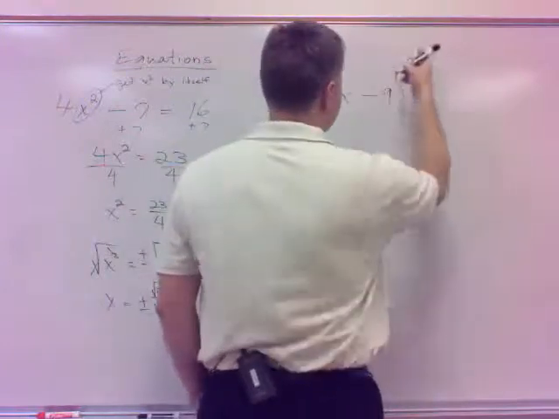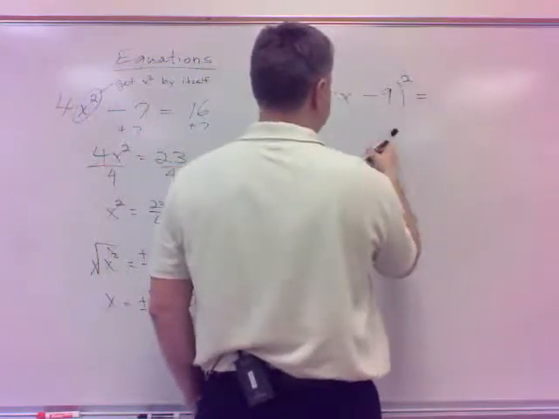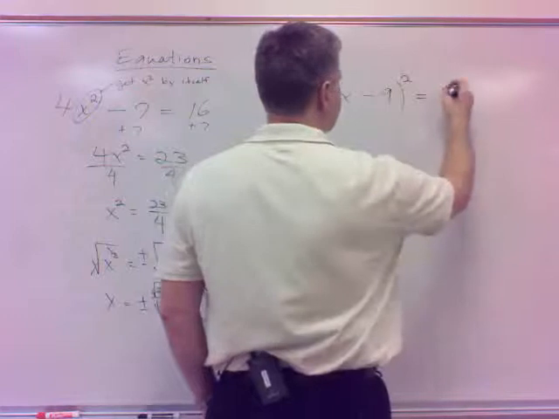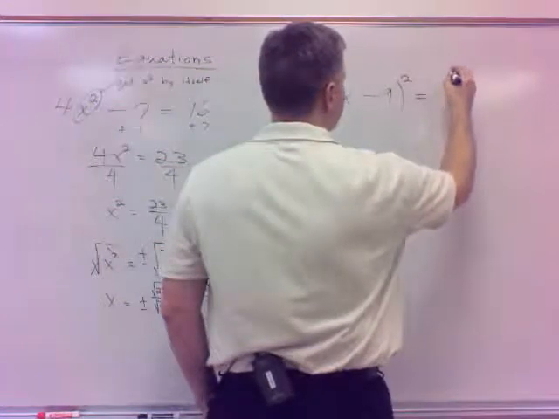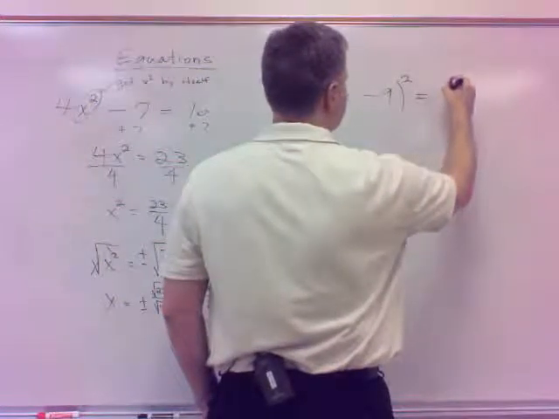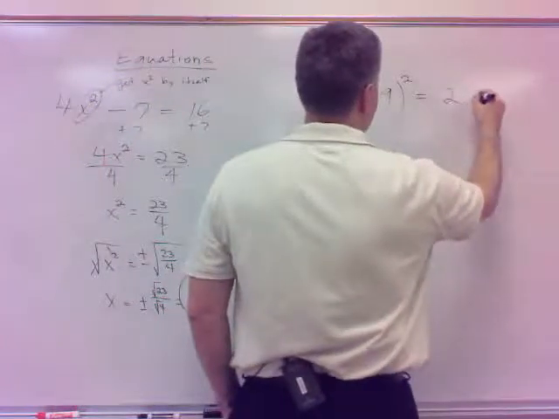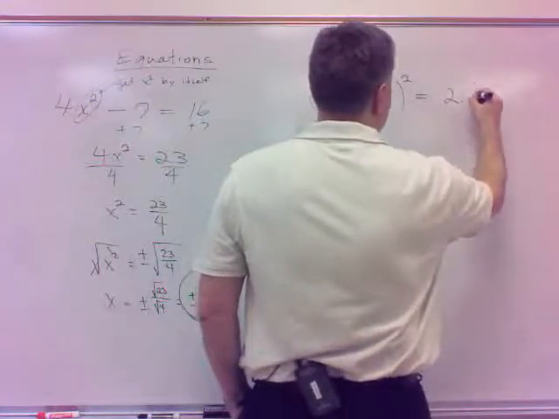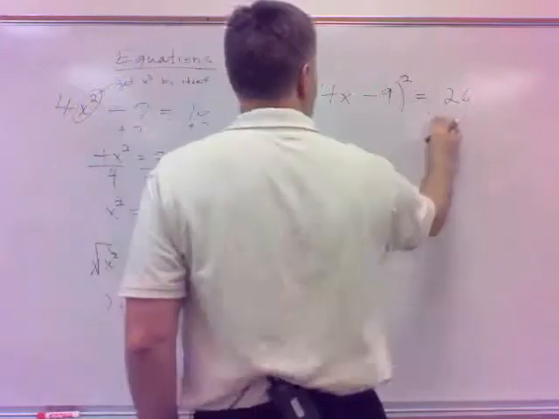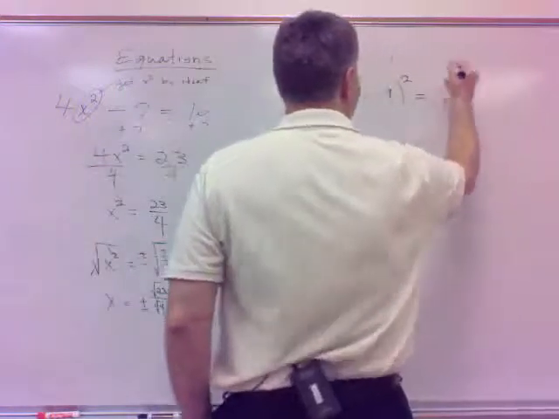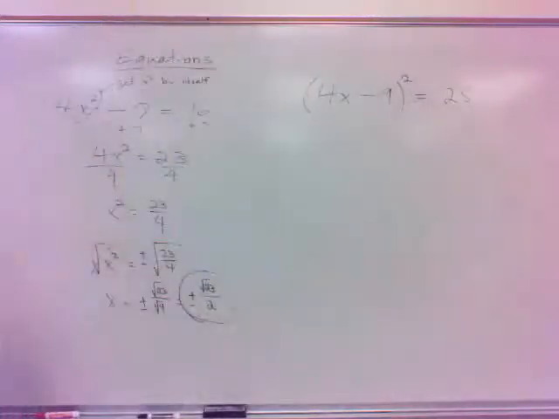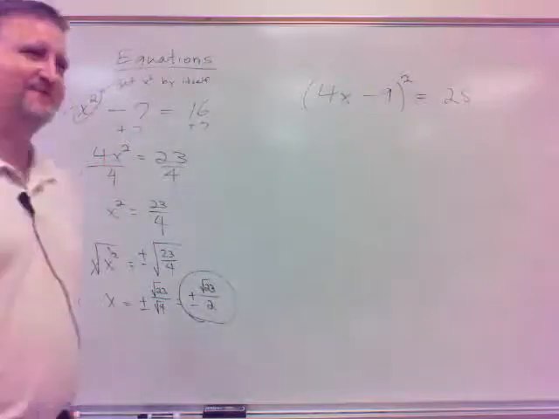Say we got 4x minus 9 squared equals 28. 4x minus 9 squared equals 28.